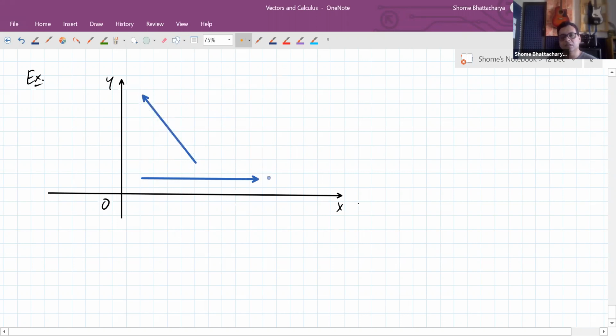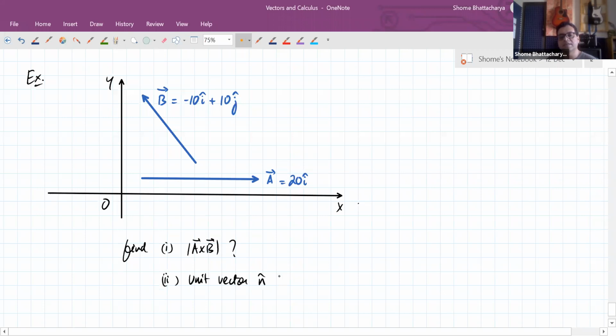So we have the vector A, which is 20 I cap, and the vector B, suppose, which is minus 10 I cap plus 10 J cap. Okay. And we want to find A cross B, and secondly the unit vector n cap for A cross B.